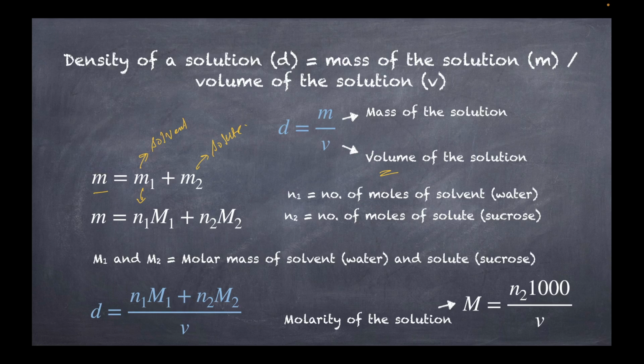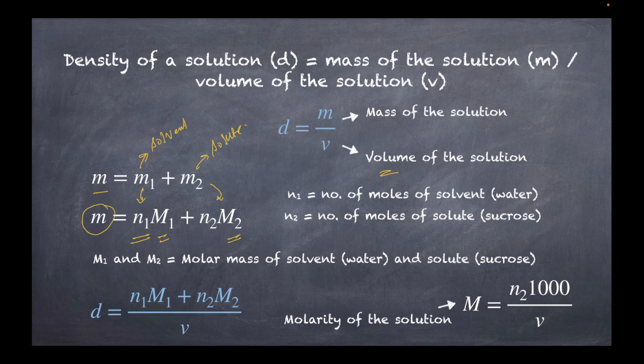So m1 will be equal to n1 times capital M1, where n1 is the number of moles of solvent present in the solution, and capital M1 is the molar mass of the solvent, that means water. Similarly, m2 will be equal to n2 times capital M2, that means the number of moles of sucrose times the molar mass of sucrose. So this will be the total mass of our solution, m.